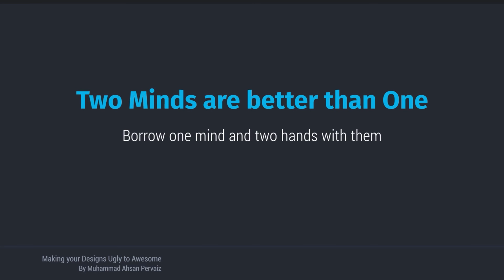The biggest mistake I have seen a lot of designers make is that they don't try to consult with someone. So whenever you start a design and you are going to get ideas, try to borrow one mind. You can ask your wife or your friend to sit with you and brainstorm on some ideas, and get their opinions. Two minds are better than one.